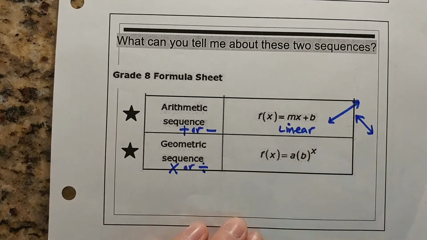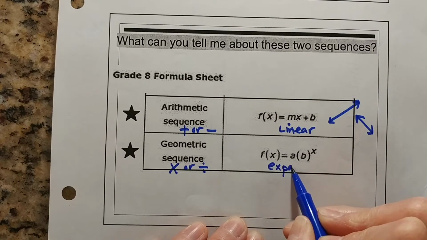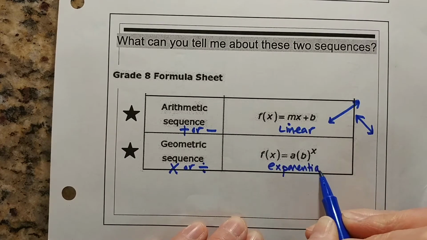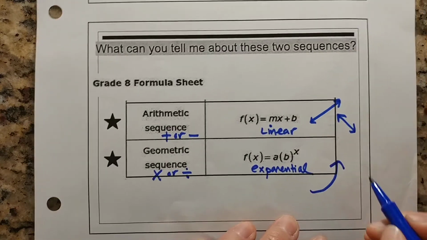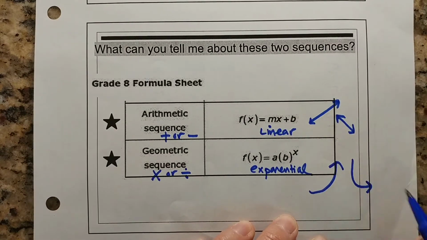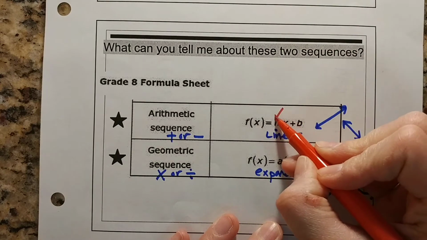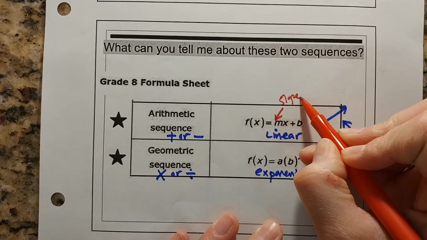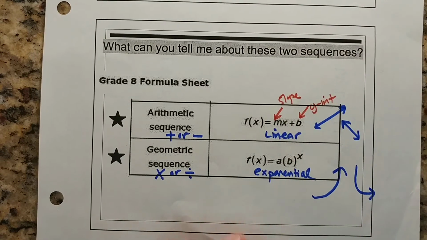A geometric sequence has this function rule. This is an exponential function, and it has either a growth curve going up or a decay curve coming down. So those might be a couple things you'd want to add on to your formula sheet. The other thing might be just labeling that m is the slope and b is the y-intercept of a linear function.